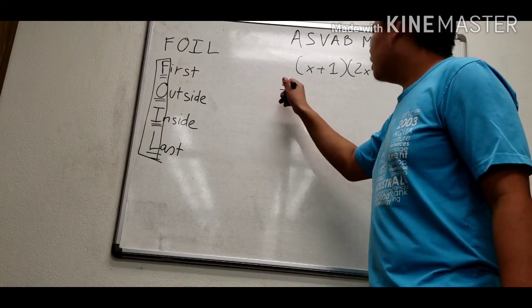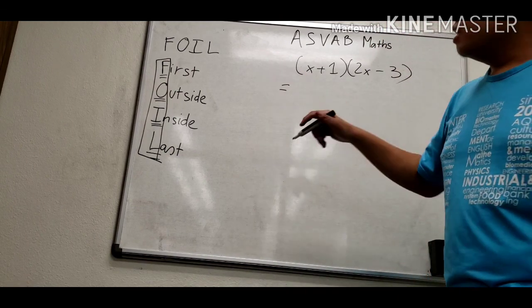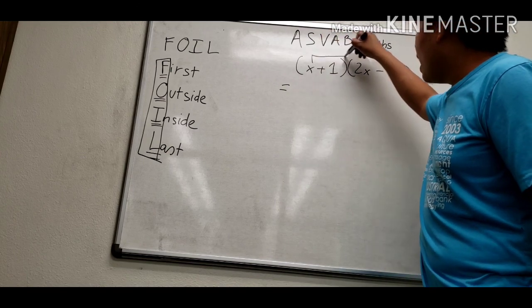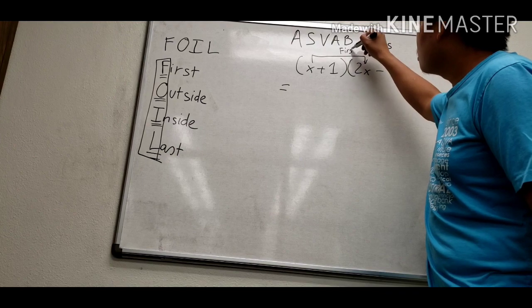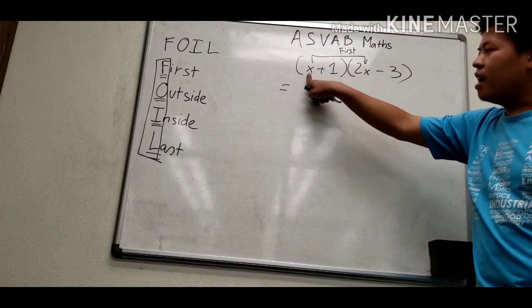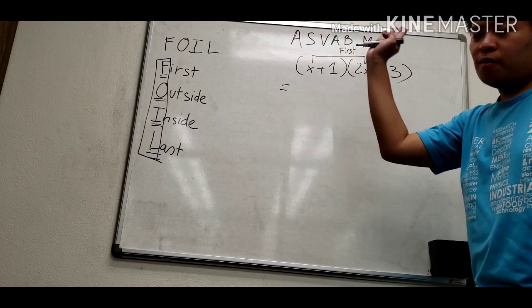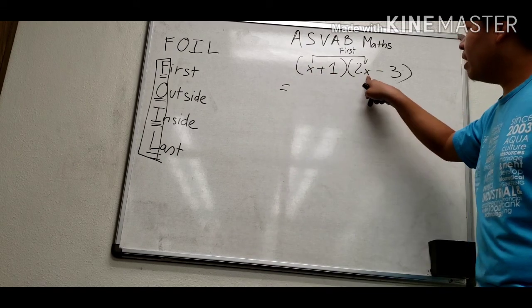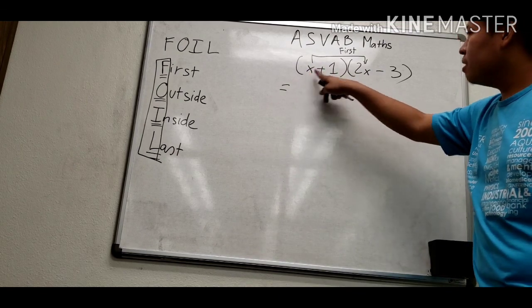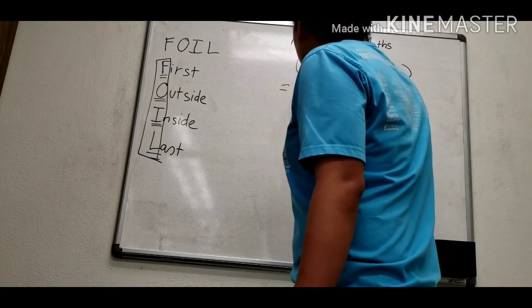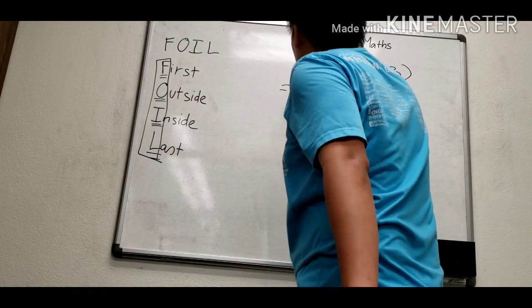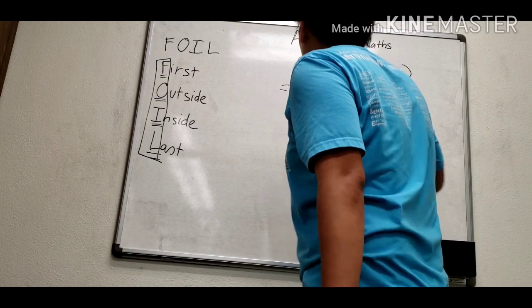So we will have in here. First, it means we will go s with 2s. That's about first. First, it means the first numbers they will go together. So we have s multiplied with 2s. That's about 2s power 2.